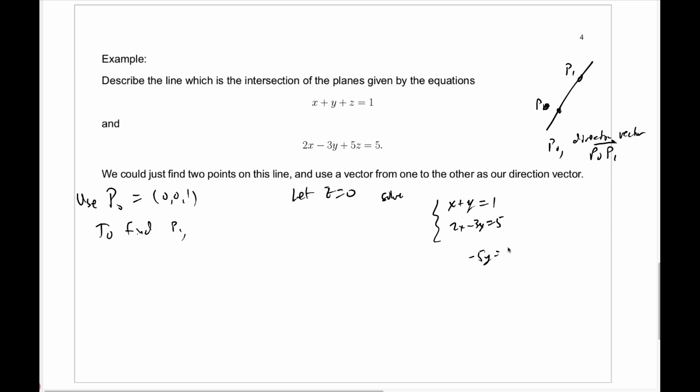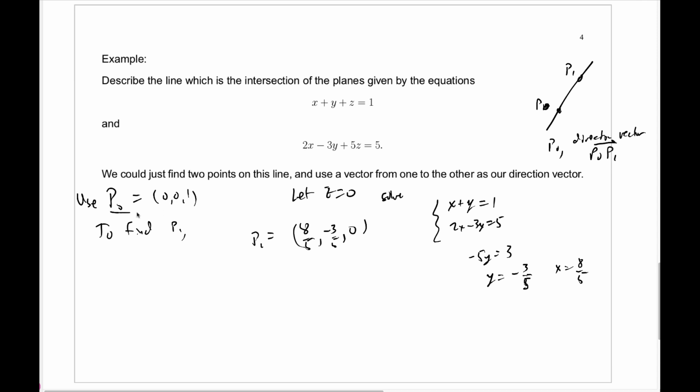This minus twice that is 3. So y will be minus 3/5, and then x will have to be 8/5. In other words, my point P1 will be exactly the point 8/5, negative 3/5, and 0.